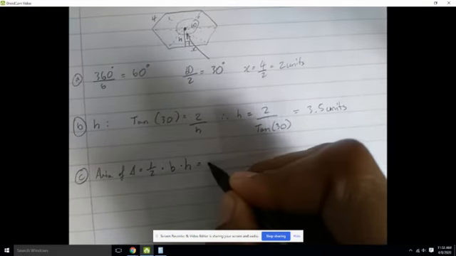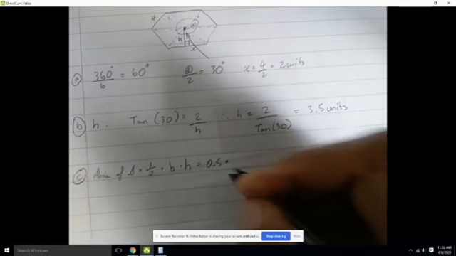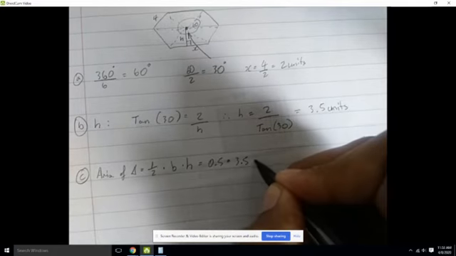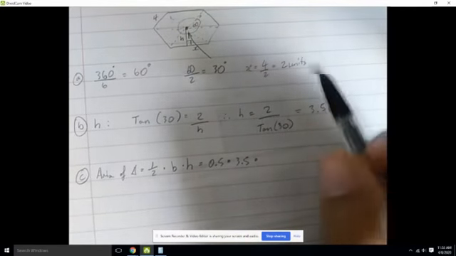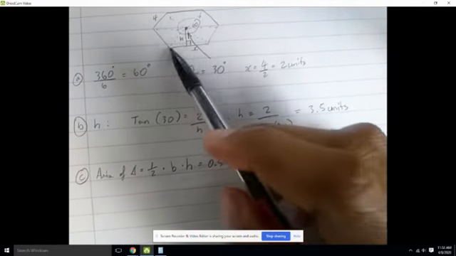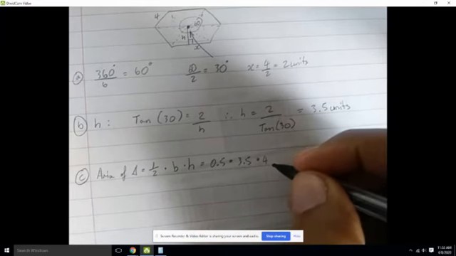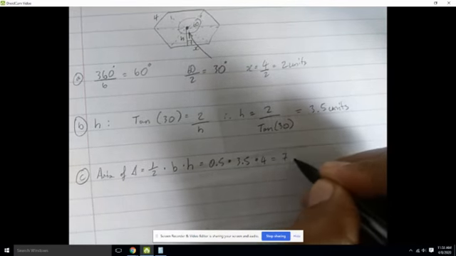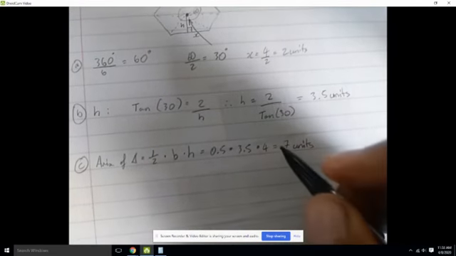So 1/2, you can put that as 0.5 times the height, which we just found to be 3.5, times the base, which is 4 units, okay, because it's a whole 4 units, right? And that should give us 7 units. Okay.